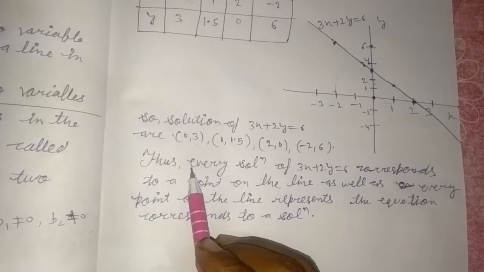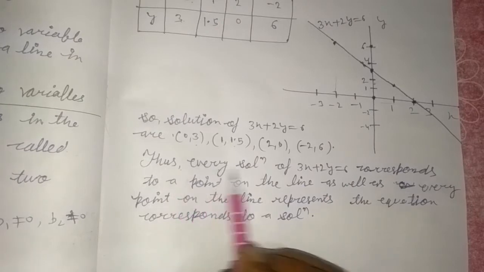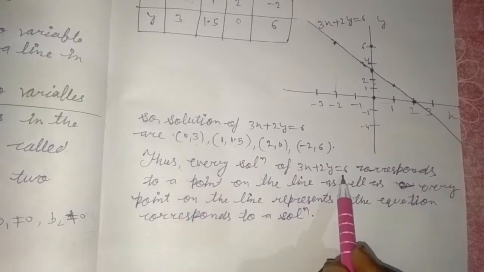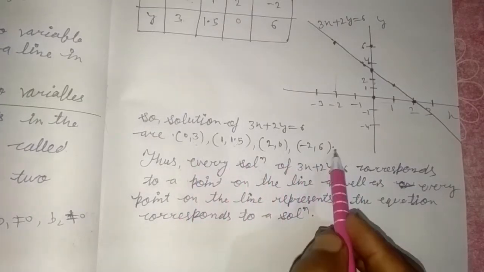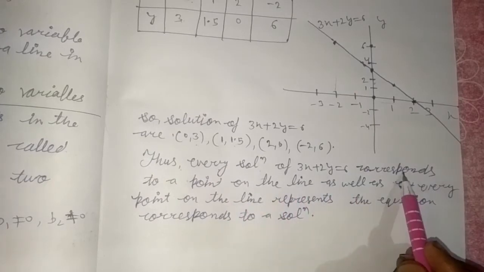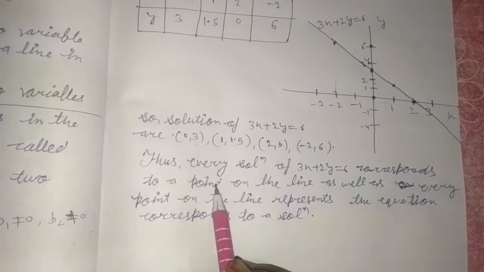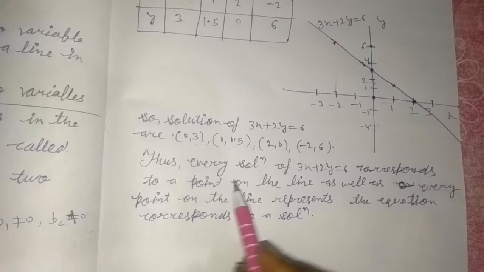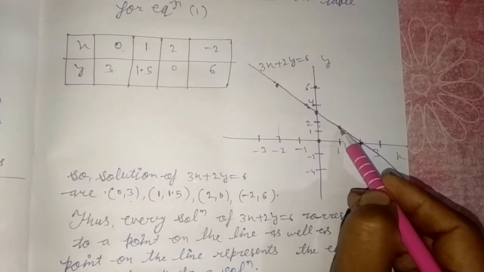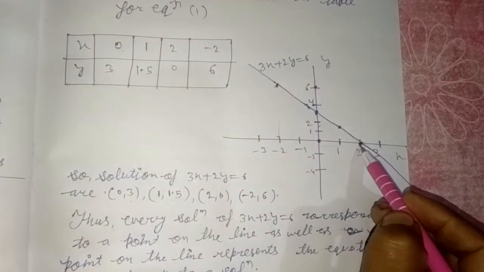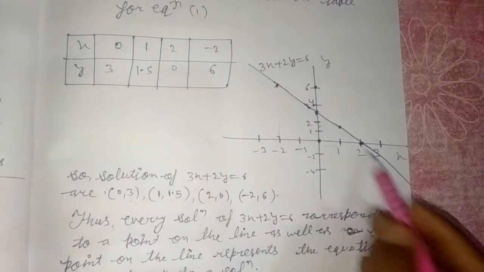Okay, so thus we can say every solution of 3x plus 2y equals 6 corresponds to a point. Suppose the points are these, for example, these 4 points.